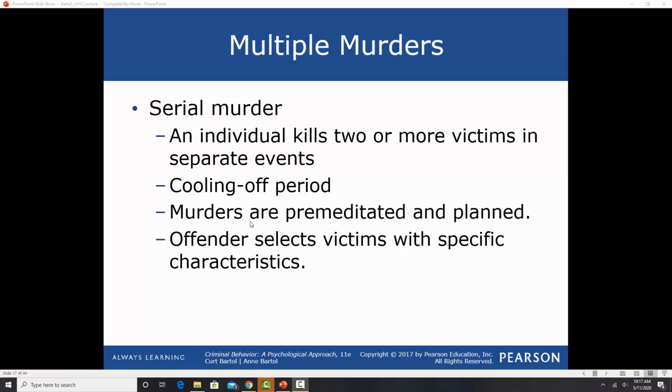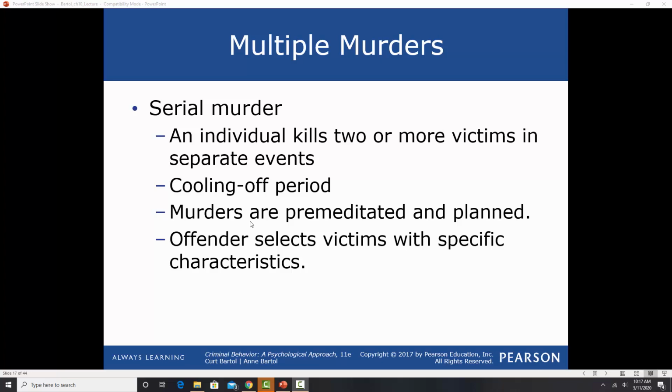So when you look at serial killers, for example, like Ted Bundy, Ted Bundy had some days where he killed a couple of people in one day, and then there would be weeks and even months between his killings. So that's what really makes serial killing different from other types of killing, is having that cooling off period.